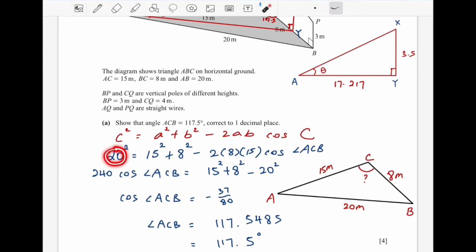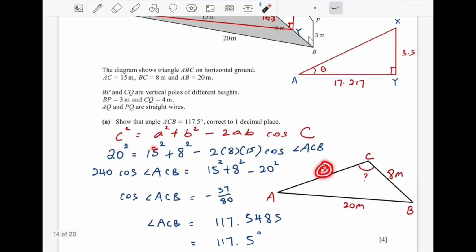So 20 squared equals 15 squared plus 8 squared, and then you put it in accordingly, and then the angle. So have a look at the working. Then we have the final answer as 117.5.